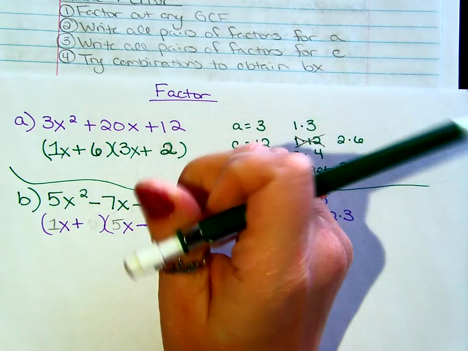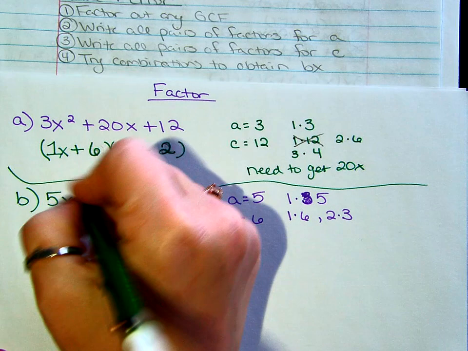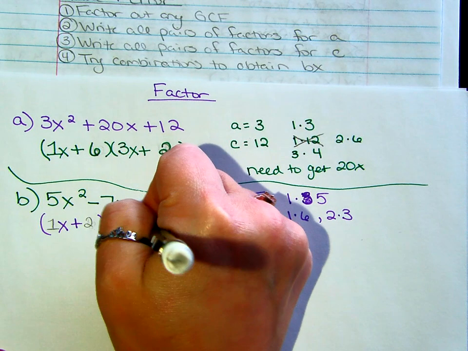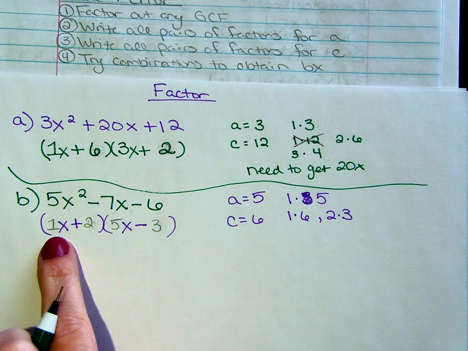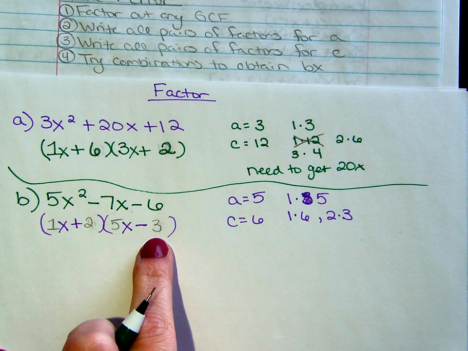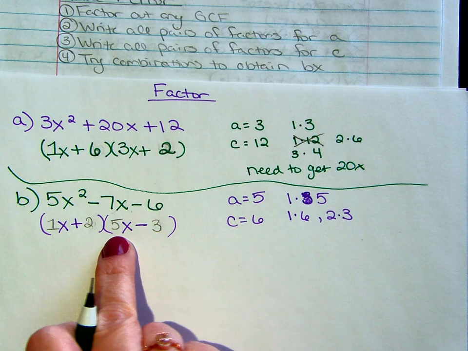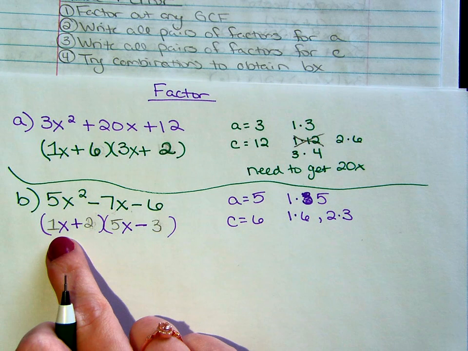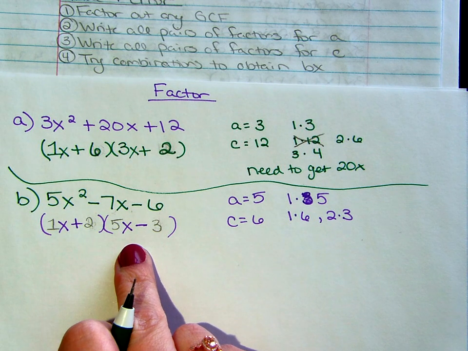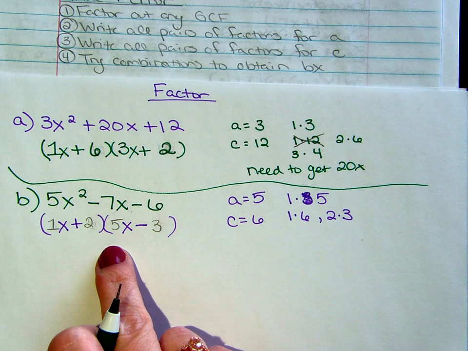Let's try 2 and 3. 1 times 3 is 3, so that's negative. Okay, so right here, we're close. 1 times 3 will give me a negative 3x plus 10x. That gives me a positive 7x. I need a negative 7x, though.